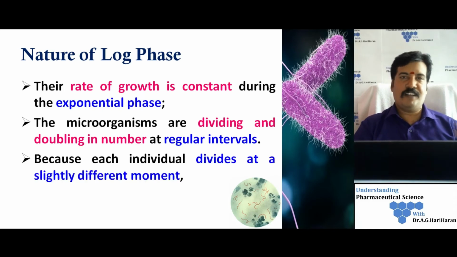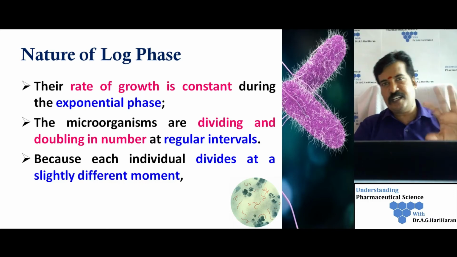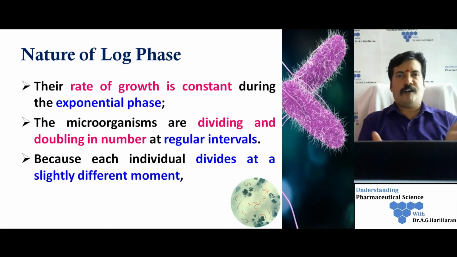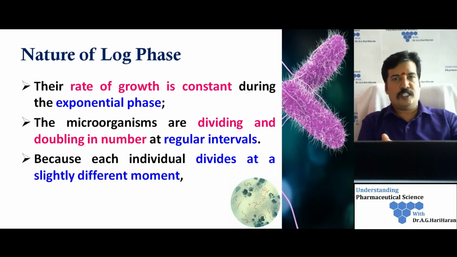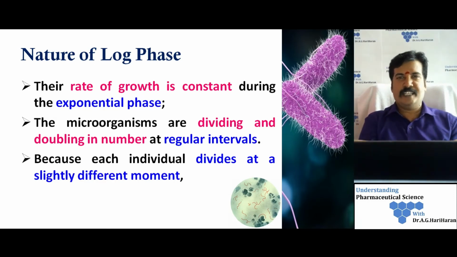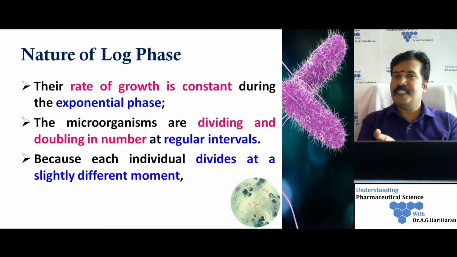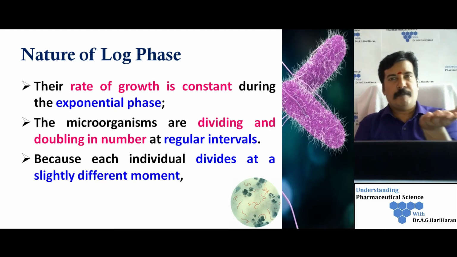We can see this in the exponential phase, and the division will be slightly different. Thereby we can divide the log phase into two types. One we call synchronous growth, and the second is simple balanced growth. Synchronous growth means at 0 minutes one cell will be there, at exact doubling time. In the case of E.